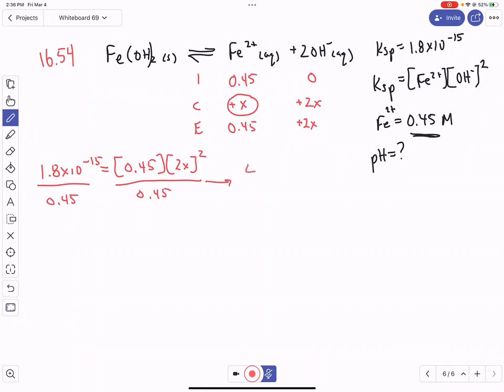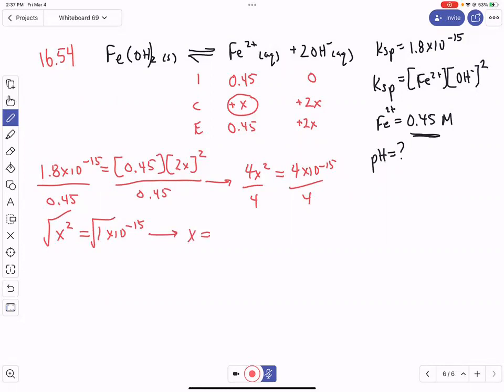And we're left with 4x squared equals 1.8 times 10 to the minus 15 divided by 0.45. I get 4 times 10 to the minus 15. Divide both sides by 4. I'm left with x squared equals 1 times 10 to the minus 15, square root of both sides.